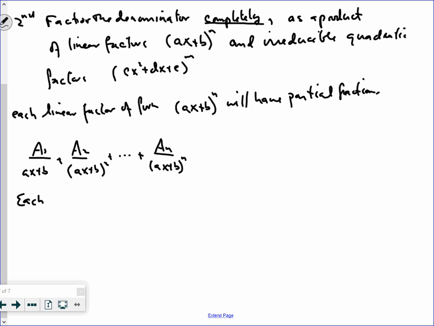Each irreducible quadratic, so that's this guy here, cx squared plus dx plus e to some power. Hopefully it's not anything but a first power, but if it is, we'll have partial fractions.